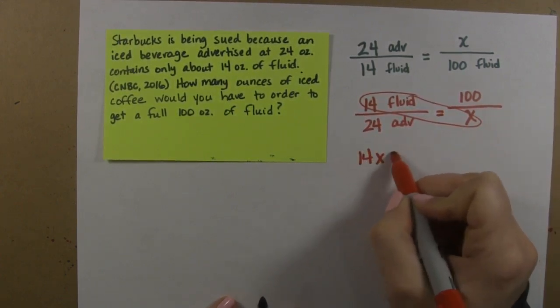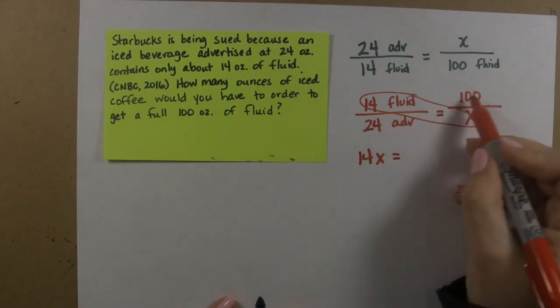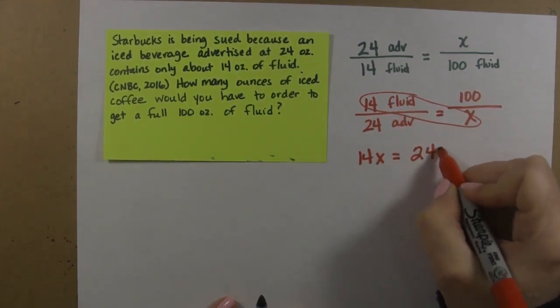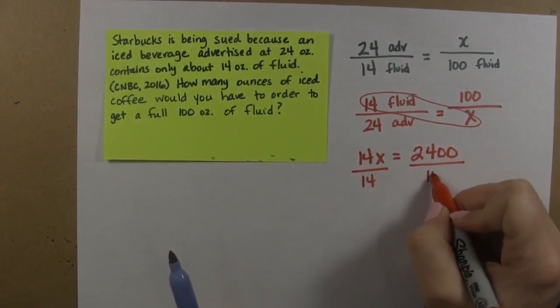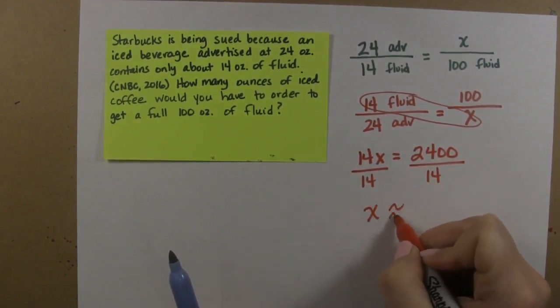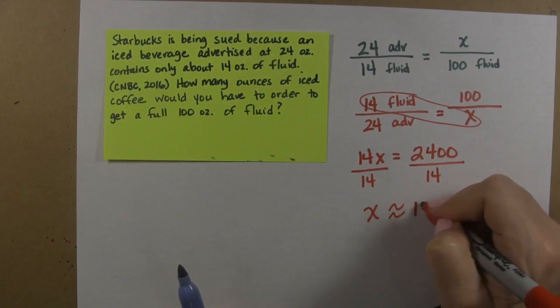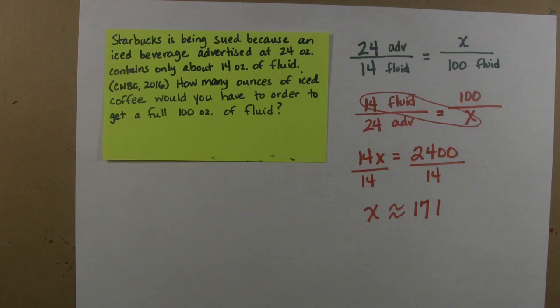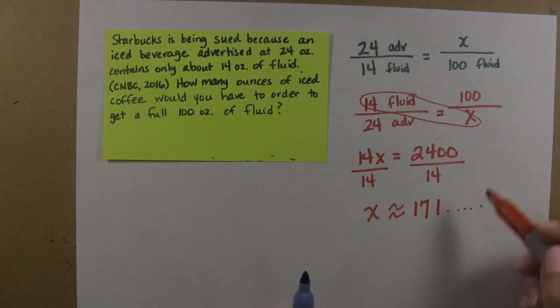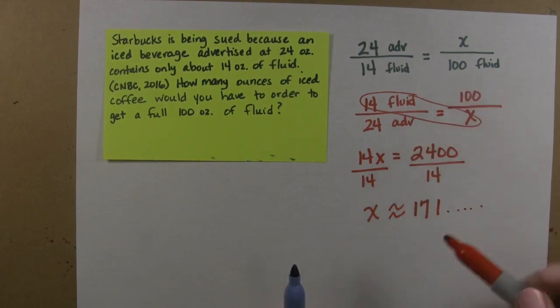So I get 14x equals 24 times 100, which is 2400. Divide both sides by 14. I get x equals about 171. About 171. So I would have to order 171 and a little in order to get 100 fluid ounces.